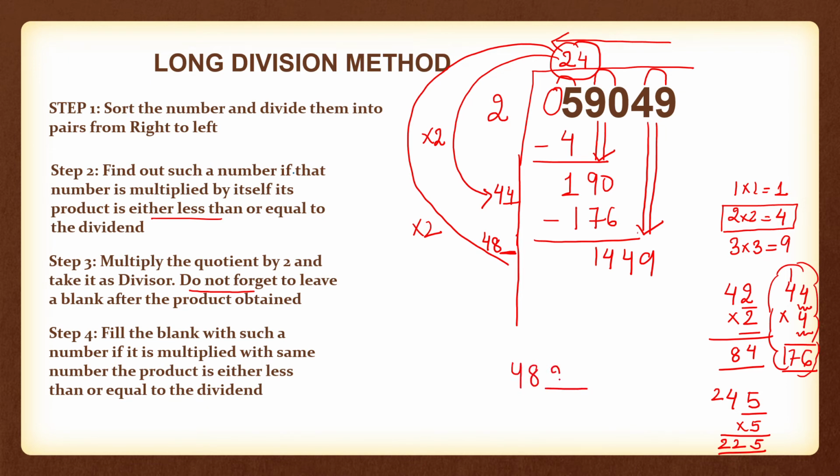Now, put 2 in place of this blank. 2 into 2, 4. 4 into 2, 4, 8 into 2, 16. 4 into 2, 9. Still there is scope. As the unit place is 9, we can directly move to 3 or 7.